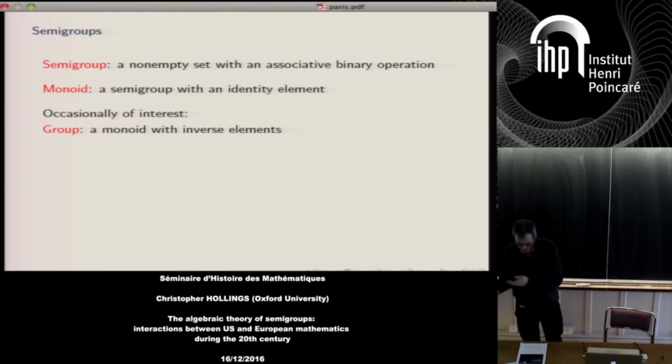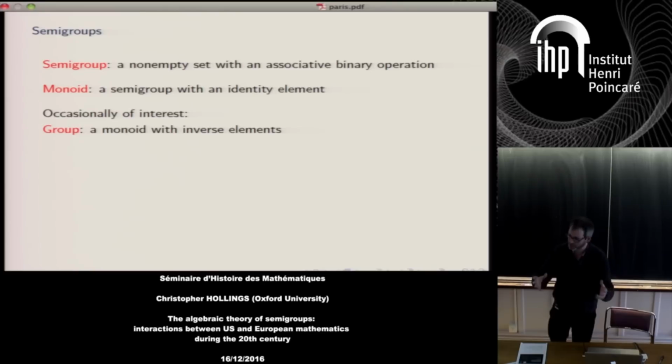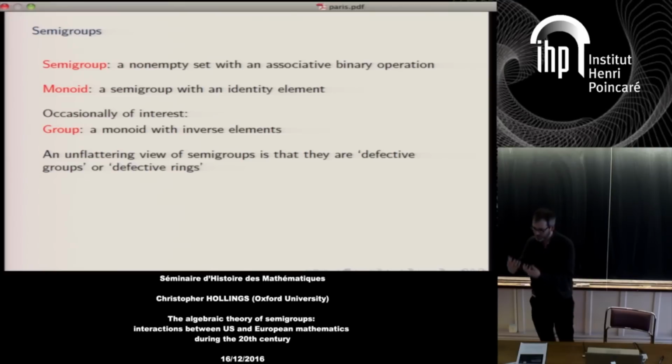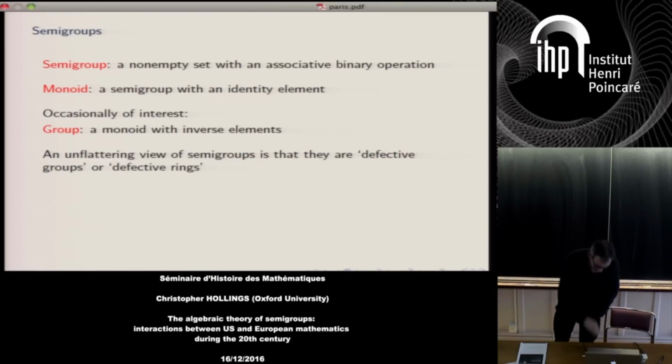Or alternatively, you take a ring and you just look at the multiplicative part. You've dropped an entire operation. Again, in a very unflattering way, you might look at semigroups as being defective rings. These are two of the places where the theory came from. It's interesting to trace where you have these almost trivial-looking problems coming from groups and rings, and then an independent theory begins to emerge much later on.